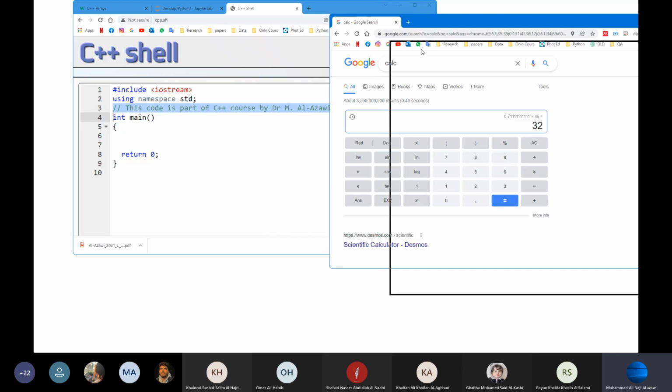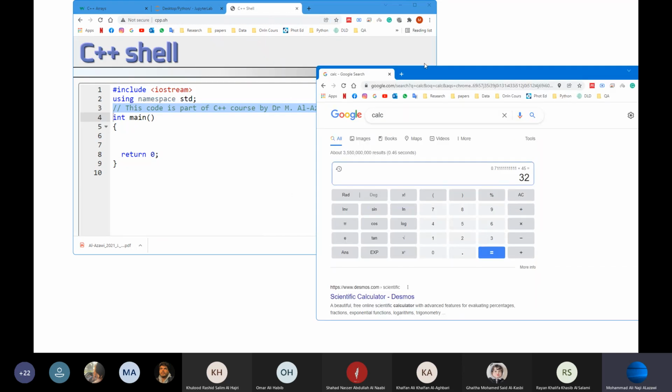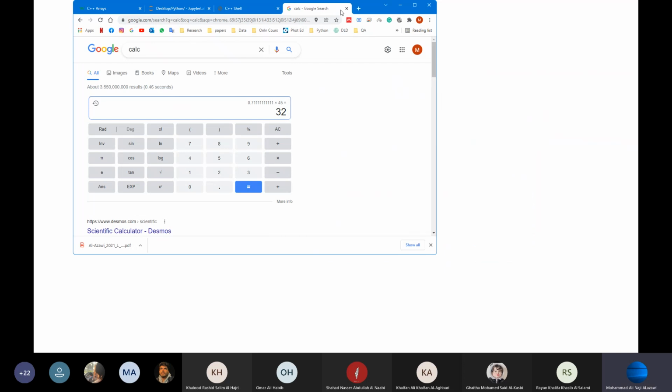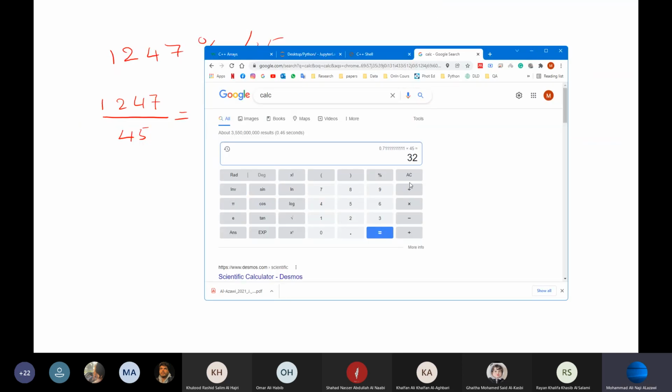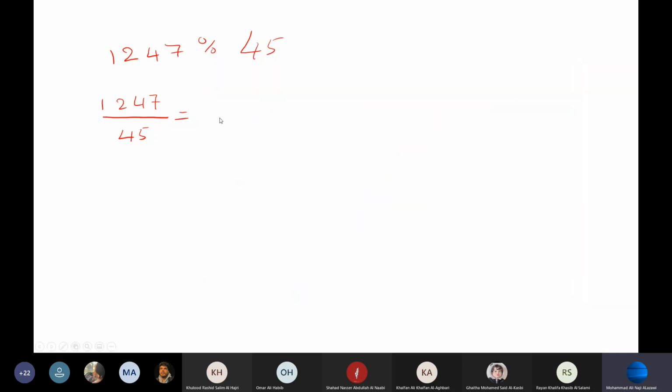I'm sorry, I just cannot remember the numbers. Okay, so here the numbers are 1247 divided by 45 equals 27.7111, etc. So next we said we want this, we remove this part.